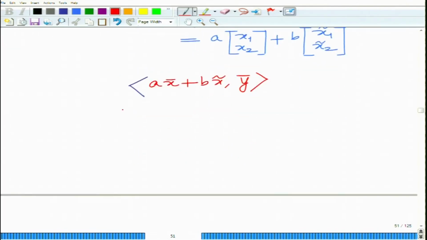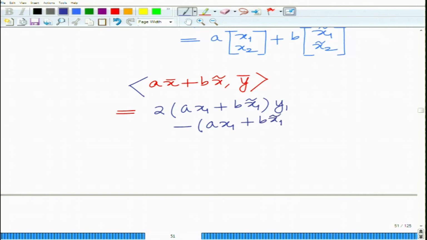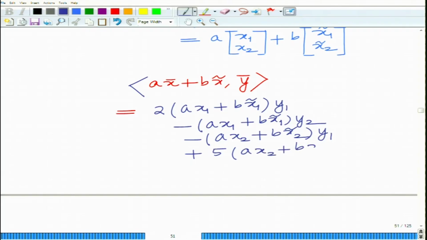This is equal to twice (A x1 plus B x1 tilde) into y1 minus (A x1 plus B x1 tilde) into y2 minus (A x2 plus B x2 tilde) into y1 plus 5 times (A x2 plus B x2 tilde) into y2.